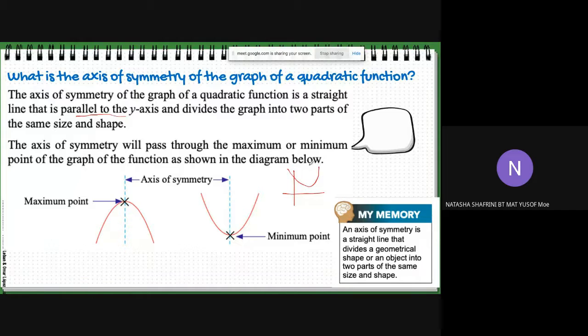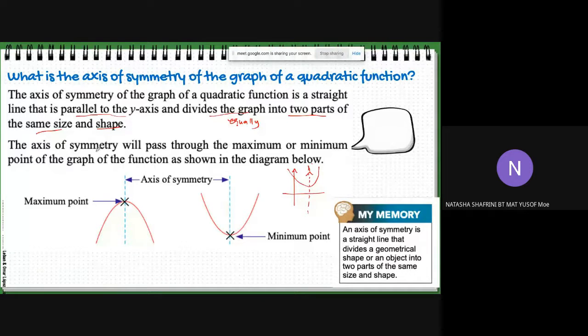So axis of symmetry dia adalah garisan yang selari dengan kita punya y-axis. So dia selari parallel. Okay, and divides the graph into two parts. Okay, same size equally. Dia divide the graph equally. So into two parts, same size, same shape.